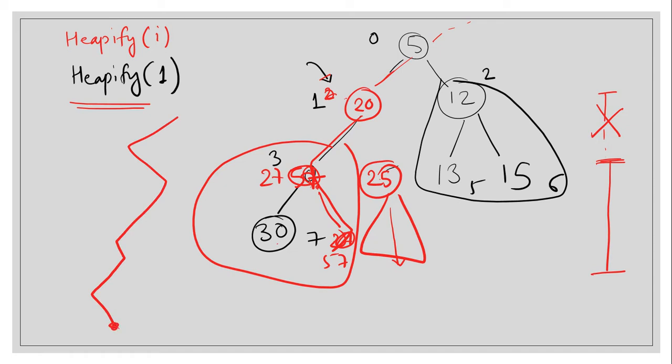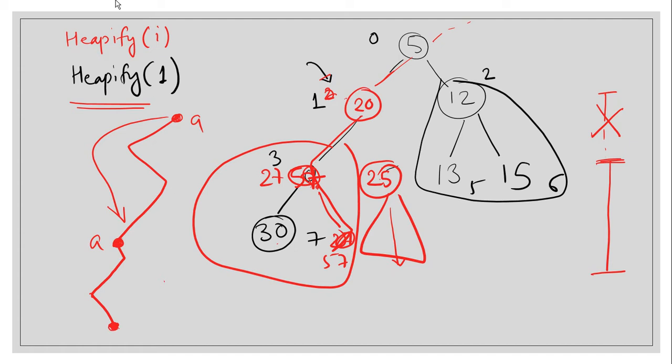Let's say this largest value was larger than both its children, so it will propagate downward along one of the paths, not both. Maybe after some time it is already less than both of its children, then we will stop here, but in the worst case we may have to go till the leaf node.